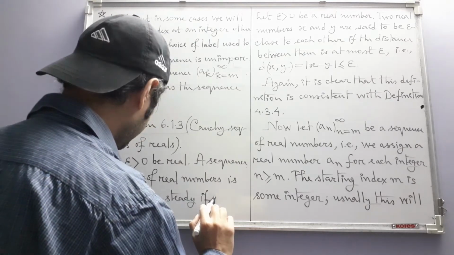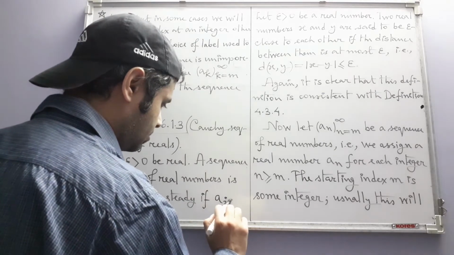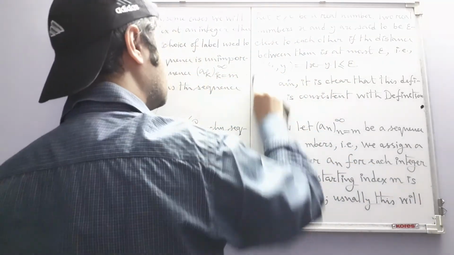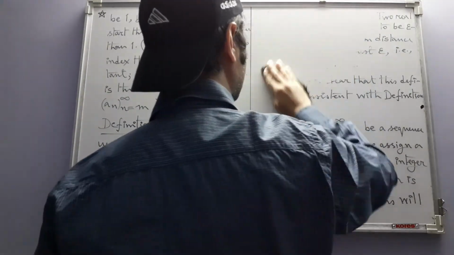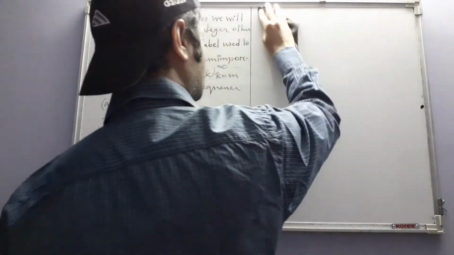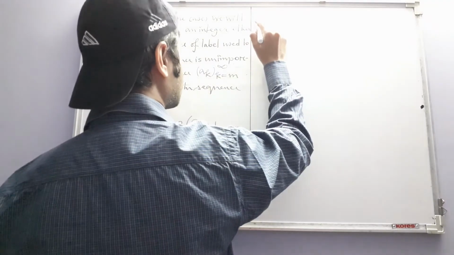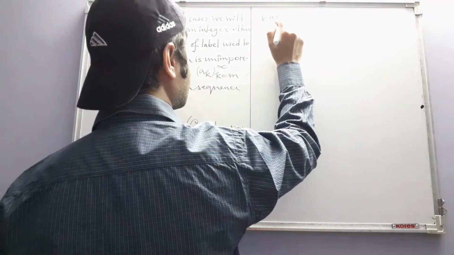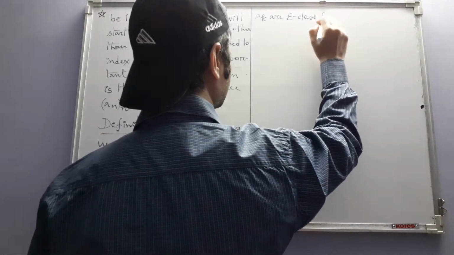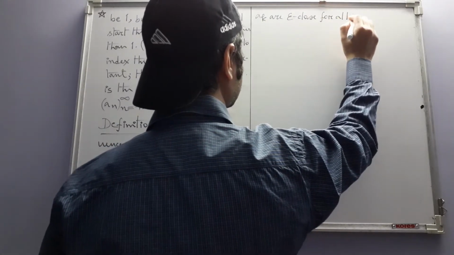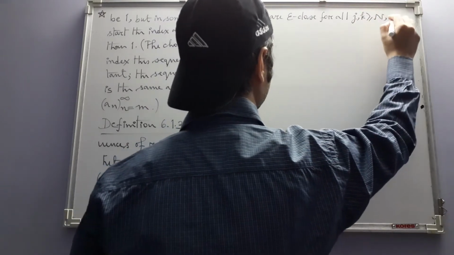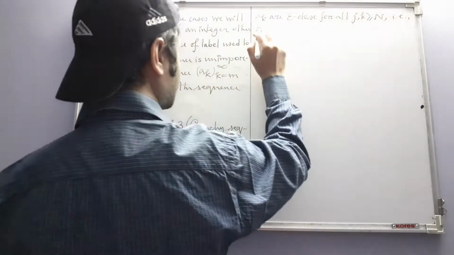This is said to be epsilon steady if aj and ak are epsilon close for all integers j and k greater than or equal to N, that is, the distance between aj and ak is at most epsilon.